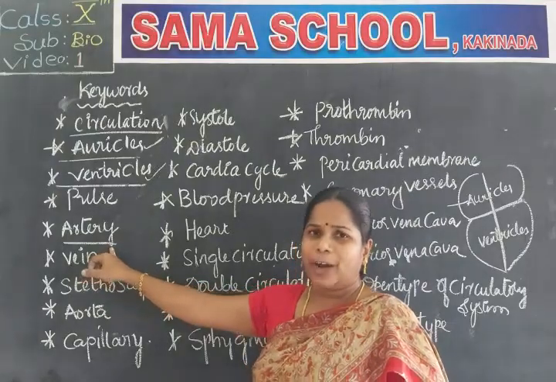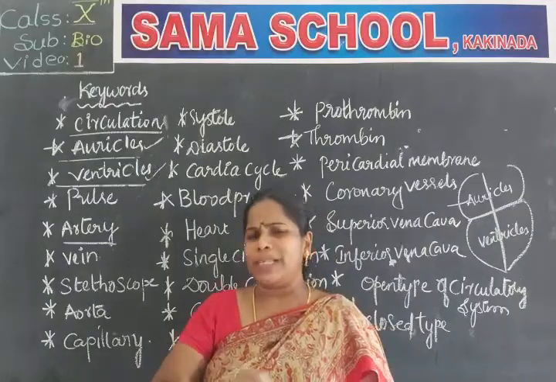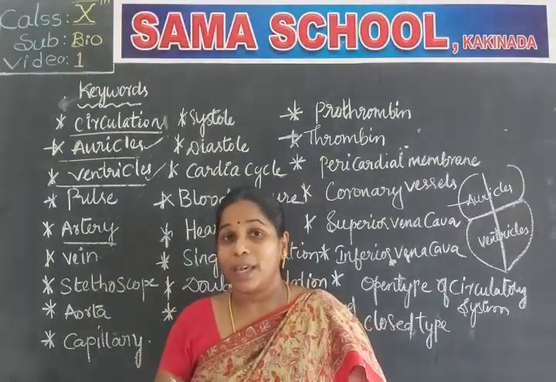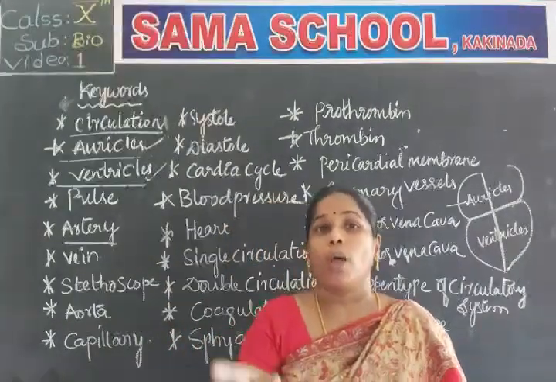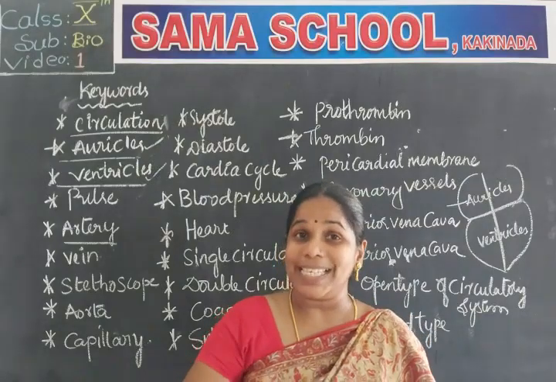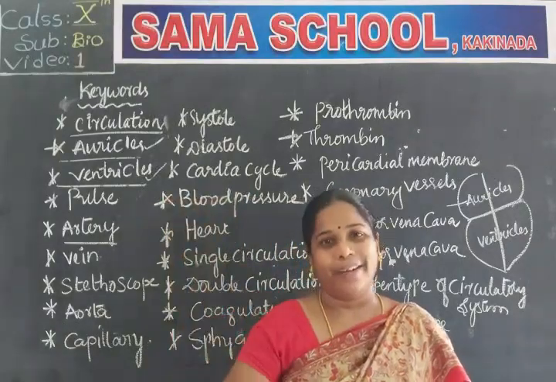You people will get down, especially at this age. Ma'am, oxygenated means there is nothing else, CO2 is not there? No. Here the concentration of oxygen is more when compared to carbon dioxide. So it is rich in oxygen. So oxygenated blood.